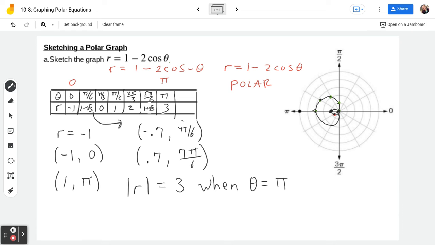It's going to cross the polar axis when r is equal to 0. We can see that r is equal to 0 when theta is equal to pi over 3, maybe right around here. Okay, I think that is all I want to cover on this one. This is called a limaçon, by the way.